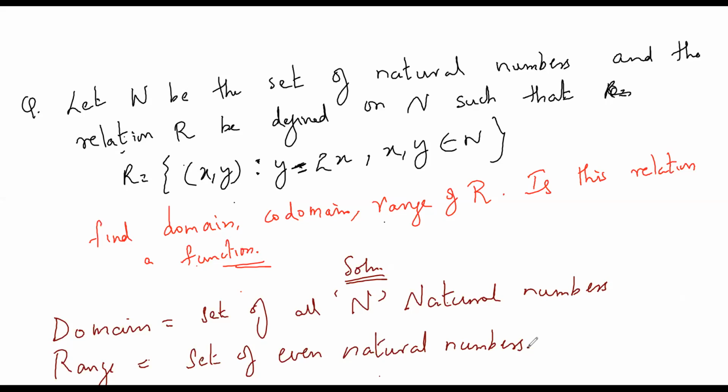Correct? So how can I say that this relation is a function? Because if I am putting x value as 1, what answer am I getting? y as 2. I am not getting any other answer. So every natural number n, in my question here, has only one image.